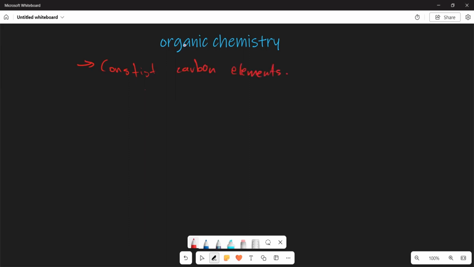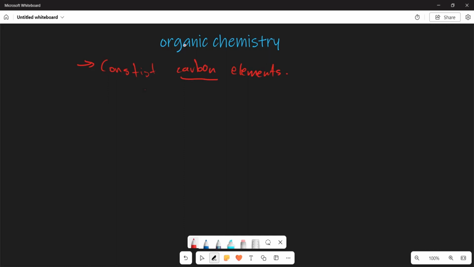So that is going to be our point of departure. We are going to be focusing on compounds that consist of carbon. And probably you are asking yourself, why carbon?